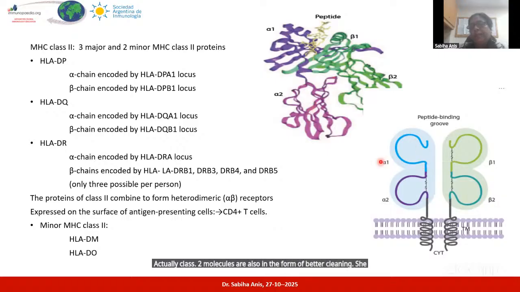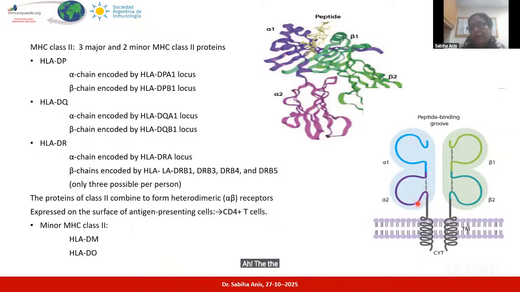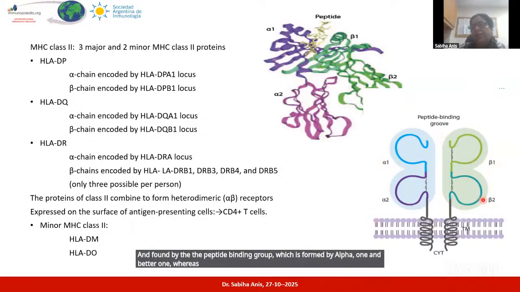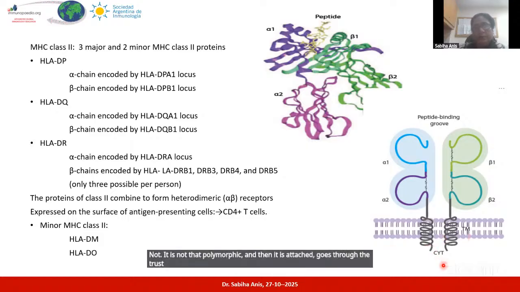And this is the schematic diagram showing the peptide binding groove, which is formed by alpha 1 and beta 1, whereas alpha 2 and beta 2 are not that polymorphic, and they go through the transmembrane and are anchored into the cytoplasm.